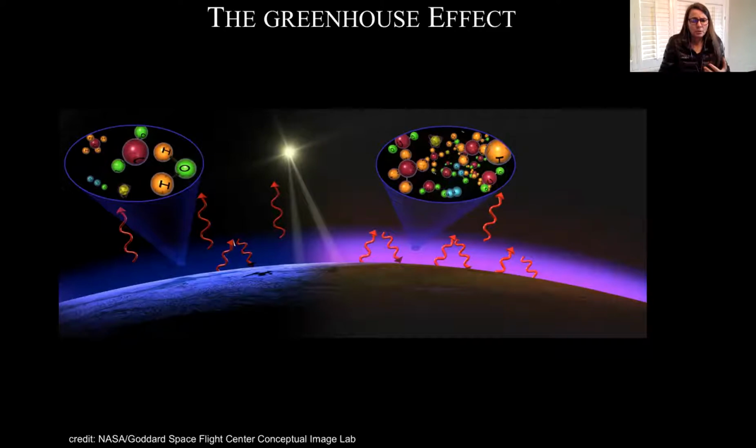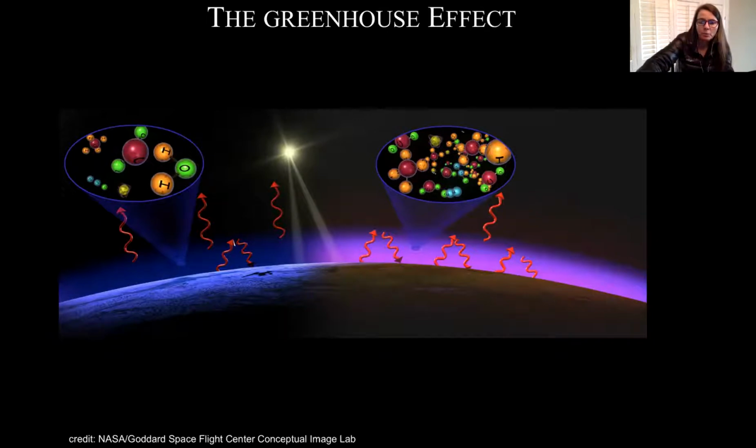And so what's happening with the greenhouse effect, it's being perturbed. We're increasing the concentration of some of these greenhouse gases, including CO2, which is the most important man-made greenhouse gas, the most important greenhouse gas that humans are having an impact and a direct effect on.